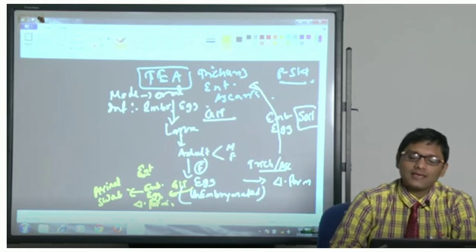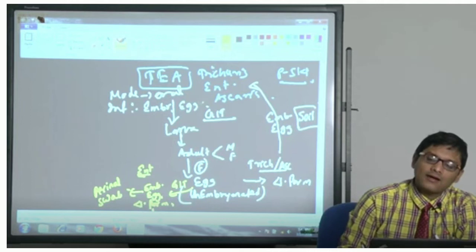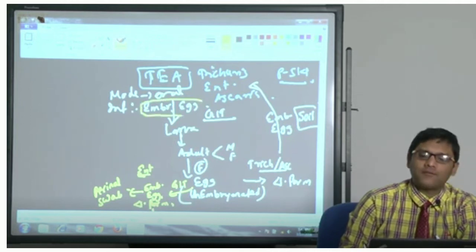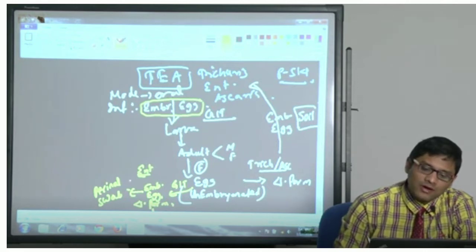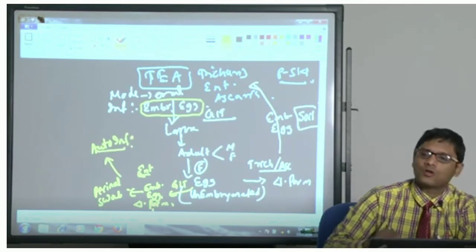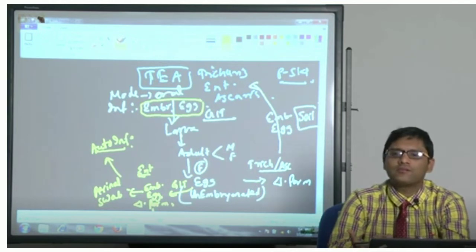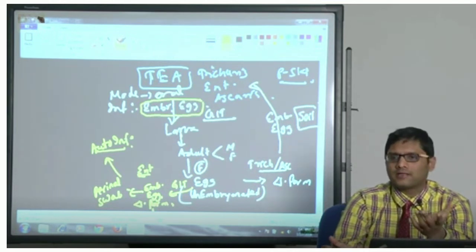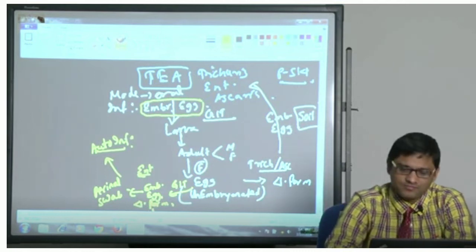And because embryonated egg is the diagnostic form, it is also the infective form for Enterobius. That is the reason why in Enterobius there is one more mode of transmission, that is autoinfection. Autoinfection is seen in Enterobius because the diagnostic form and the infective form are the same. So, by contaminated fingers the same form can again be passed.